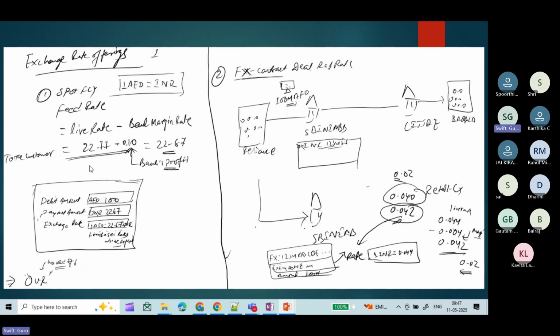So for this 180 equivalent, they will see a payment amount of 2267 instead of 2277, right? And just below it, this exchange rate will be applicable for the next 60 seconds or 90 seconds or 180 seconds. Within that, they have to submit the transaction. Otherwise, a refreshed rate will be picked up.